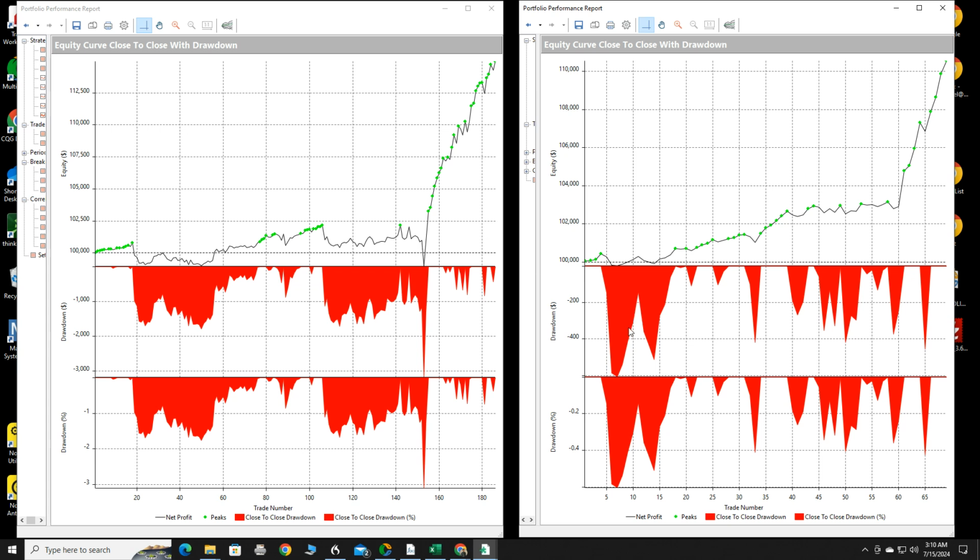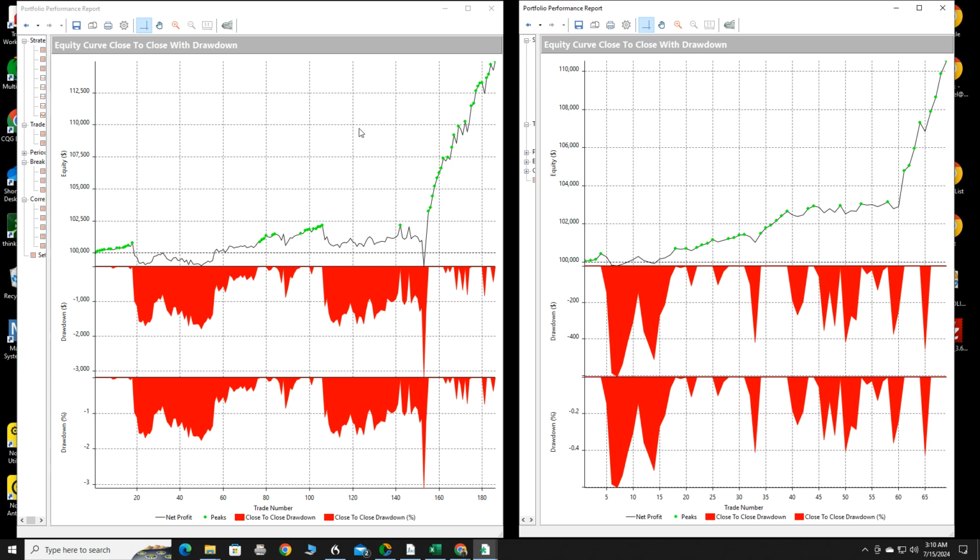But if we waited for one loss for a strategy in the portfolio before taking a trade, yes, it was much more selective. But notice the equity curve. It improved. Instead of going sideways, we had a nice ascending equity curve. So a much smoother ascending equity curve.